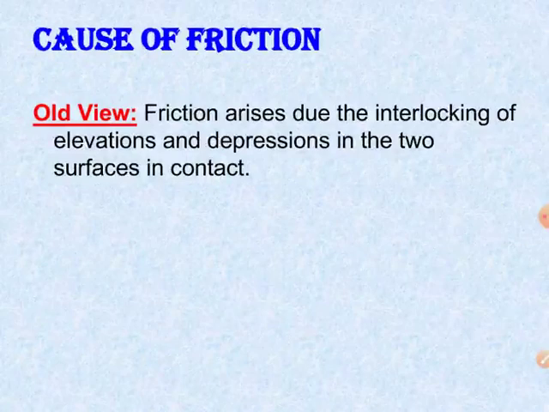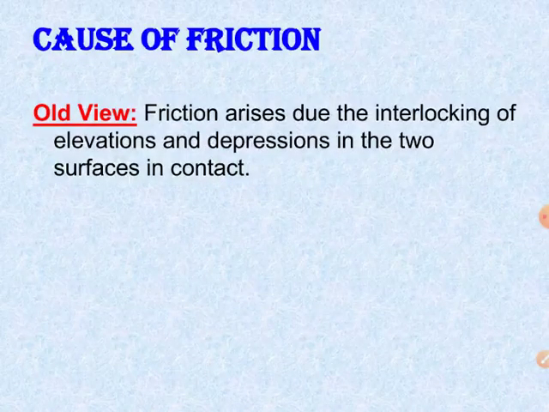When we look at the surfaces through a powerful, sensitive microscope, we may see lots of protrusions, that is, elevations and depressions. When one body is placed above another, these elevations and depressions interlock, and to overcome that interlocking we require some additional force.